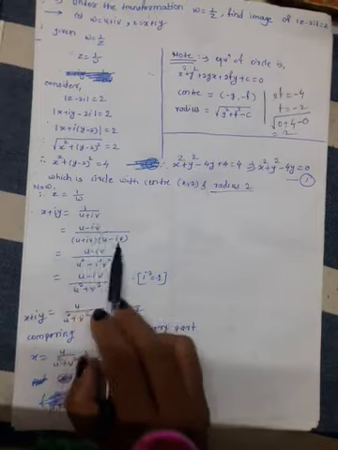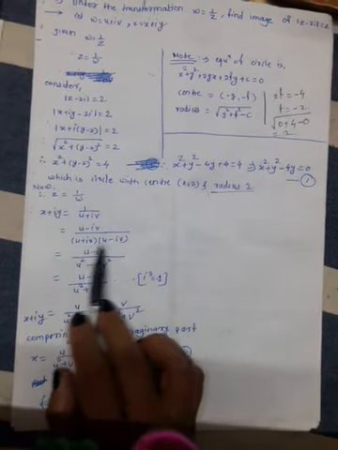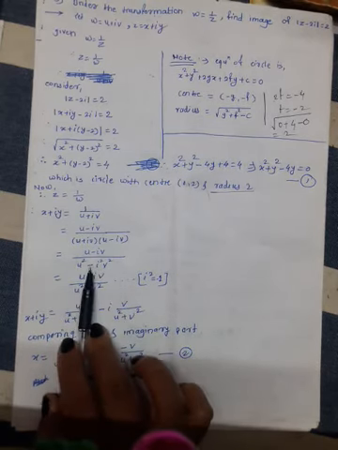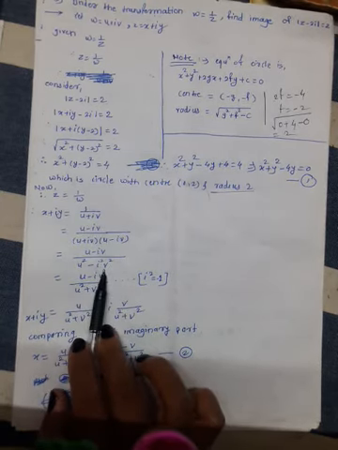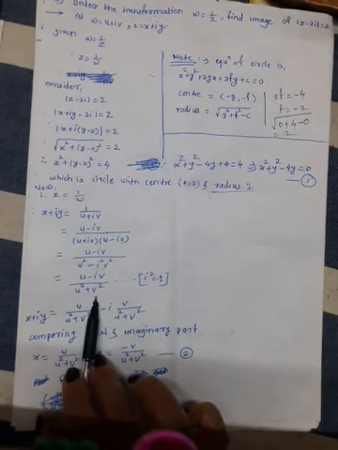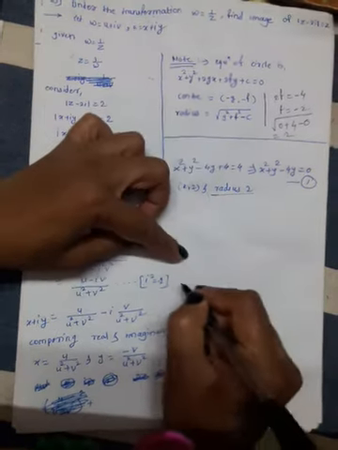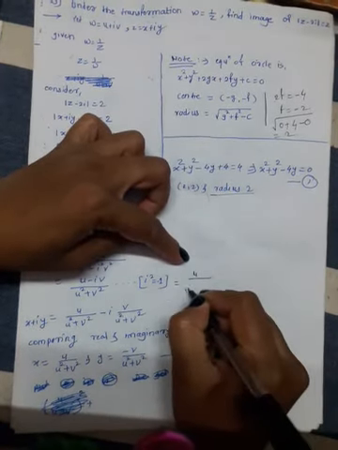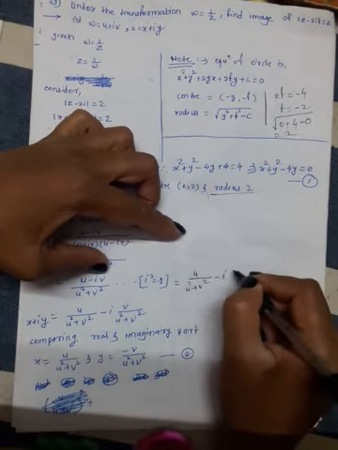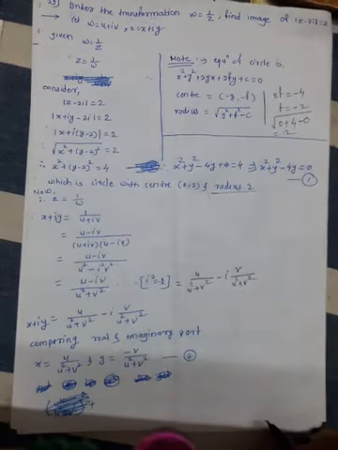Okay, multiply and divide by this term, we get numerator u minus iv, denominator the multiplication of this, that is (a plus b) into (a minus b) is a square minus b square. Now again i square value is minus 1, that's why the denominator becomes u square plus v square, numerator as it is. Now separate this out, we get u upon u square plus v square minus i v upon u square plus v square.